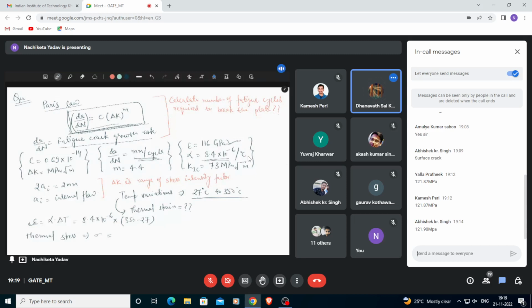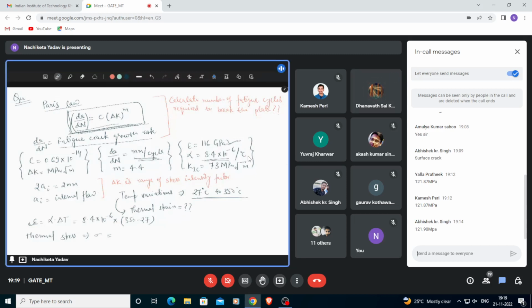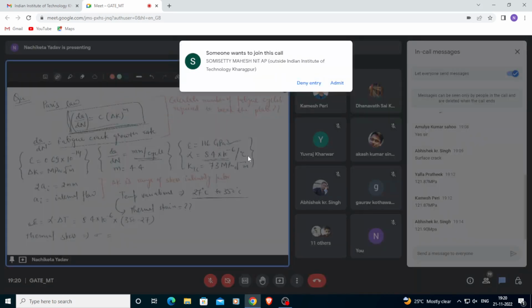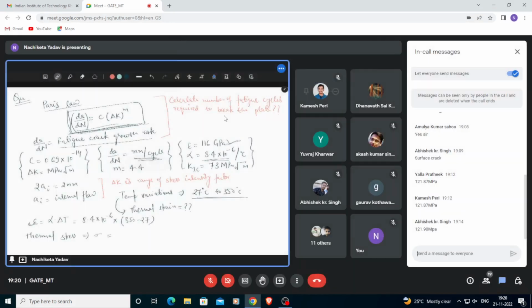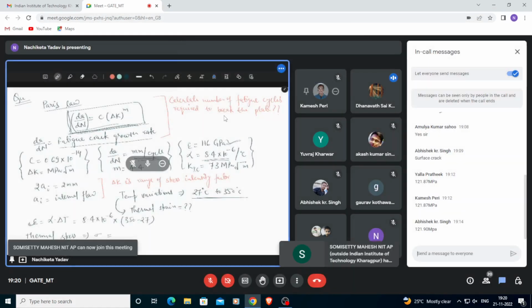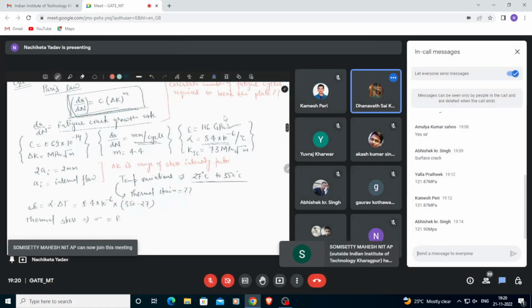What will be the thermal stress value? Please calculate and write down here. From Hooke's law, we know sigma equals E into epsilon.